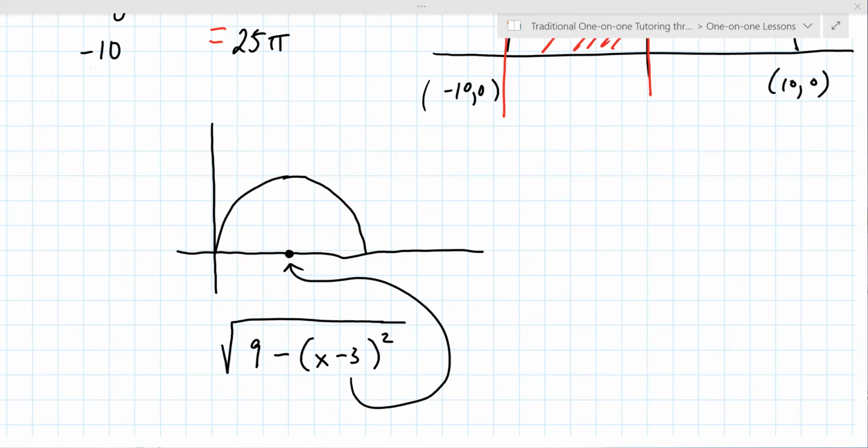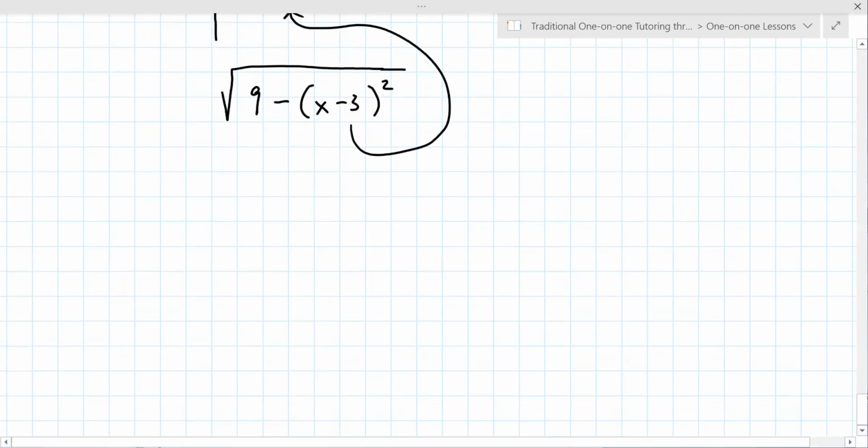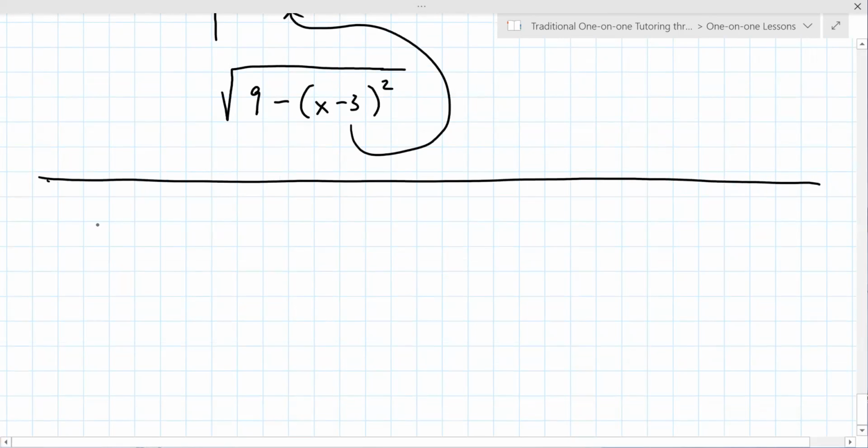So the next thing your instructor seems to be doing here is taking advantage of symmetry. And I'll try to explain what I mean by that. Let's say I tell you the integral of x squared from 0 to 1 dx equals 1/3.